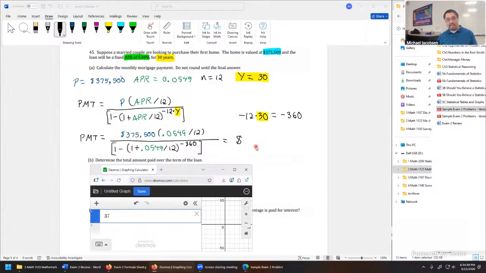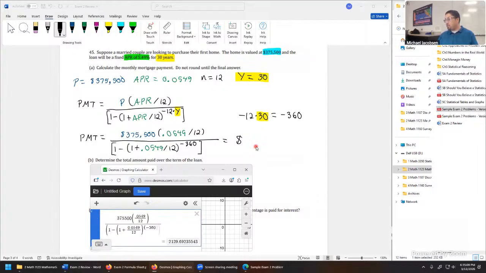So let's try to go for that last point, 375,500 times 0.0549 twelfths, divided by 1 minus, let me put in the parentheses just to emphasize, don't forget those either. 1 minus (1 plus 0.0549 twelfths) to the power of negative 360.